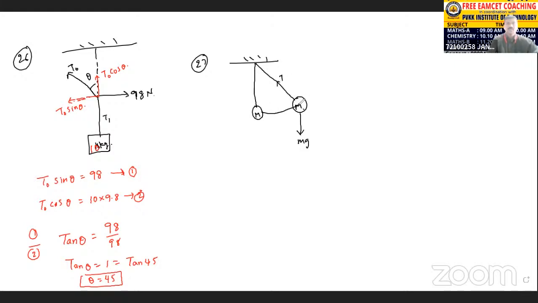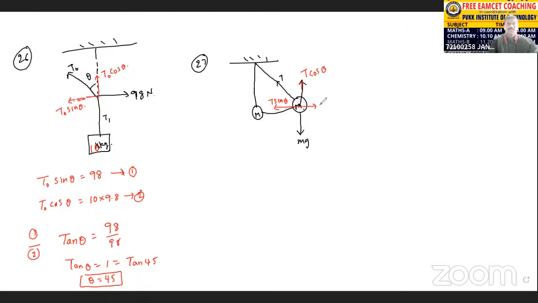The tensional force is divided into two components. One is T cos theta. Another one is T sin theta.